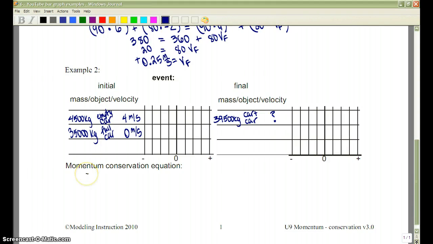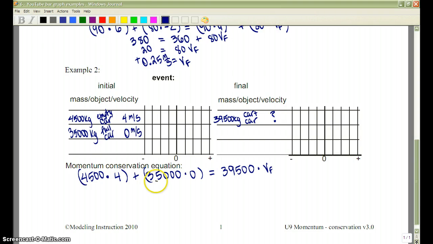So we're going to take our 4,500, which was initially moving at 4 meters per second. We're going to add to that our full car, which was 35,000 times 0. That should be equal to our total mass, since our cars are coupled together. And we want to know what is our final velocity. All right, so we want to solve for our final velocity to figure out again how fast is our cars going now that they're stuck together.